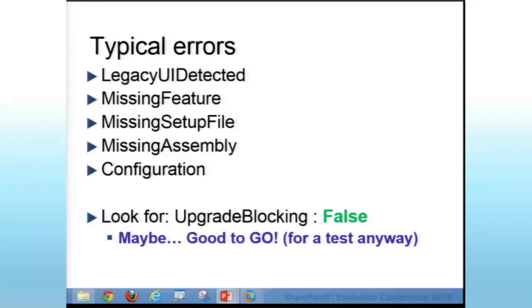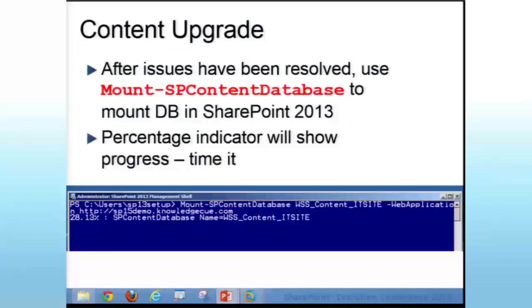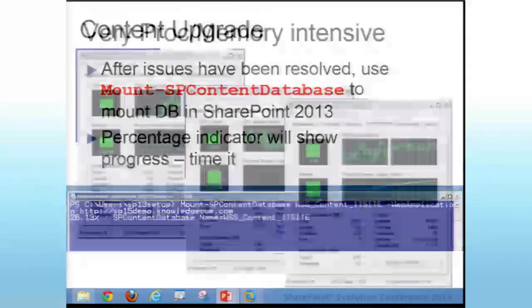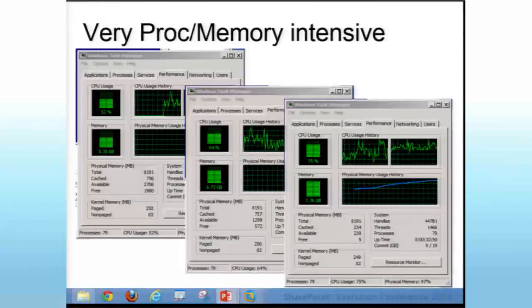And I'll show you what the sites will look like once you've got that. Once the issues have been resolved, you can do the actual upgrade, and that's what happens in the background. It is very processor and memory intensive, and it just suddenly started and they went up there.